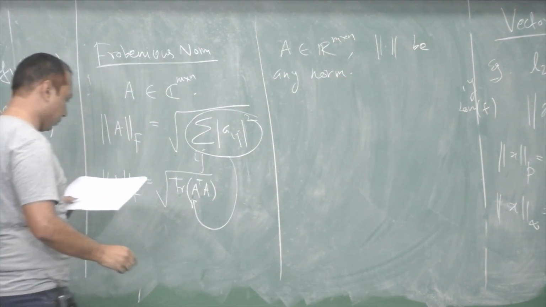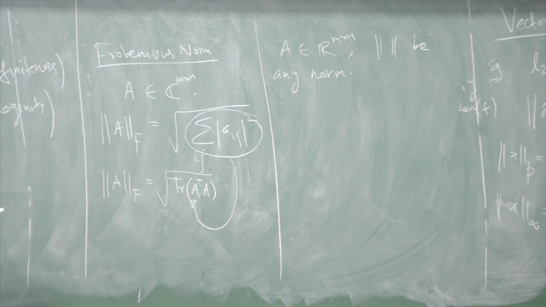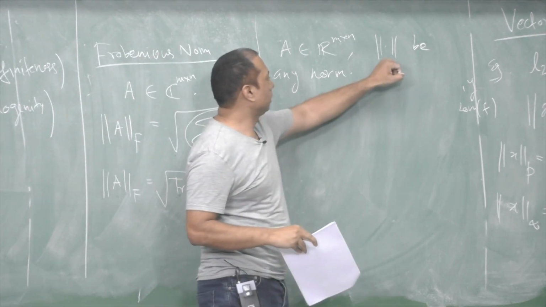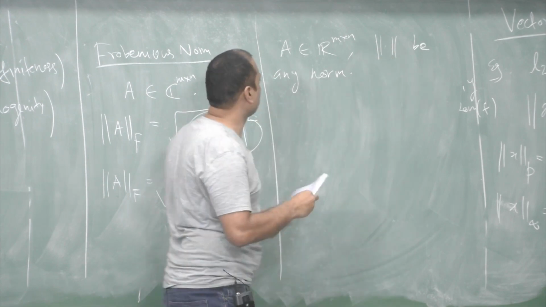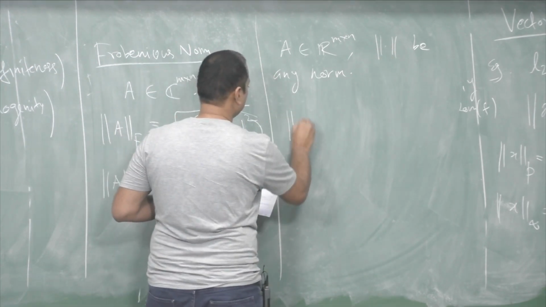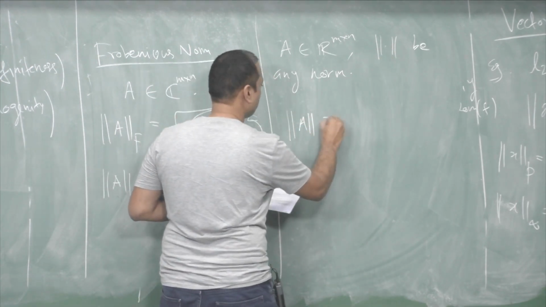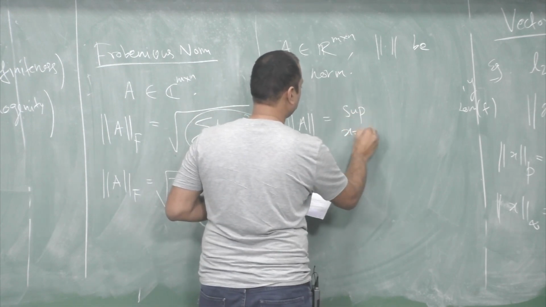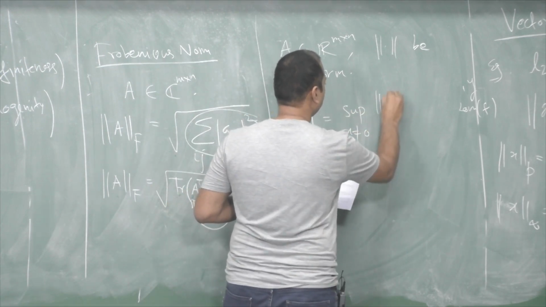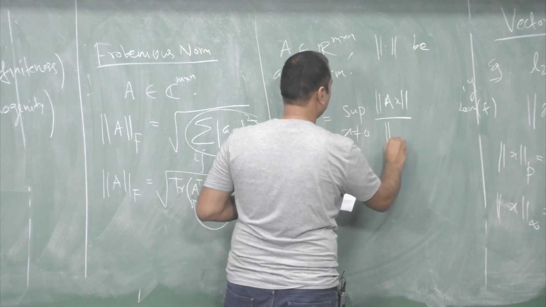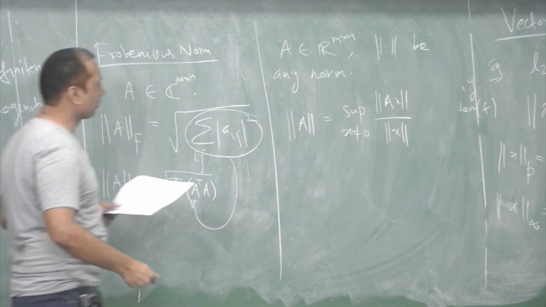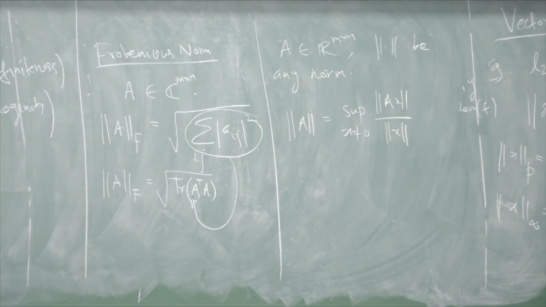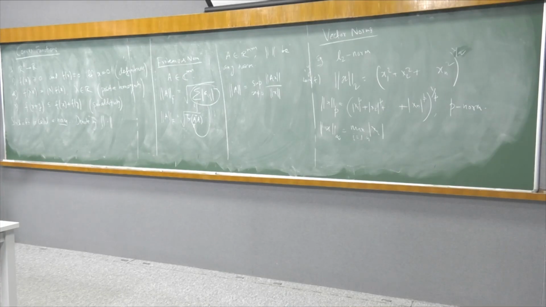Then we can define an induced norm, induced from this, which is the supremum over x not equal to 0 of norm of Ax by norm of x. This is called the induced matrix norm, and one can prove that this is a norm.